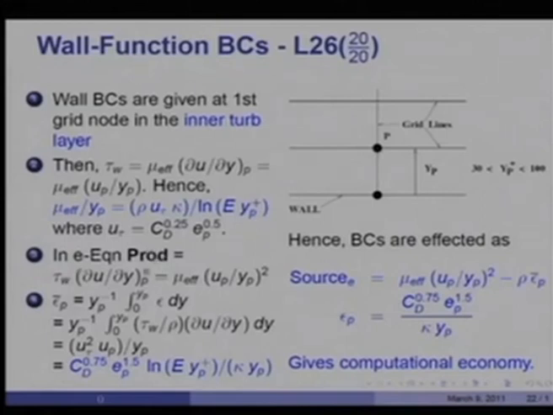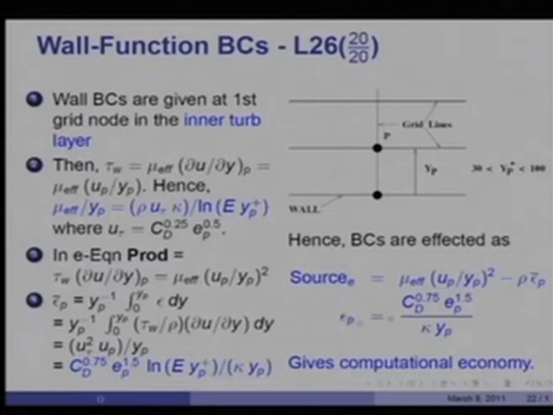So, in the E equation, if we say production equal to that and equate it to an average dissipation over this length, epsilon bar p would be equal to 1 over y p integral from 0 to y p of epsilon dy. Substituting for epsilon equal to production, we get that, and that would integrate to simply this, and therefore, the source term of E is simply mu effective u p by y p whole squared minus rho epsilon bar, which is what I have shown here, what epsilon bar is.